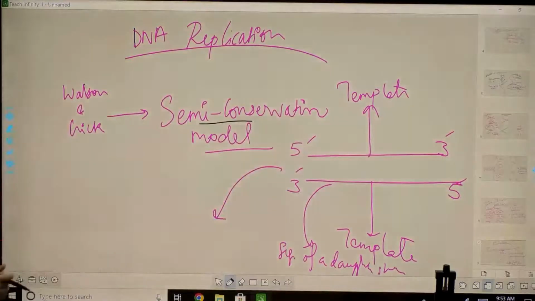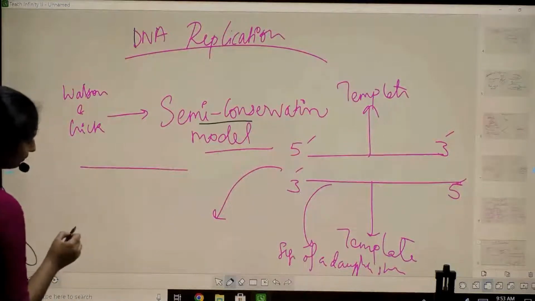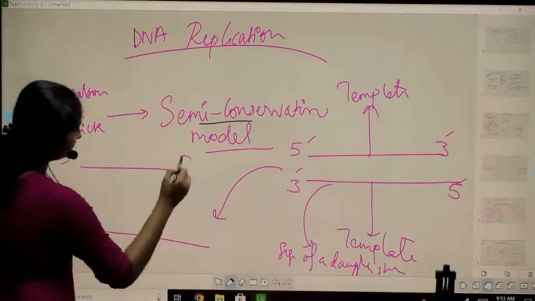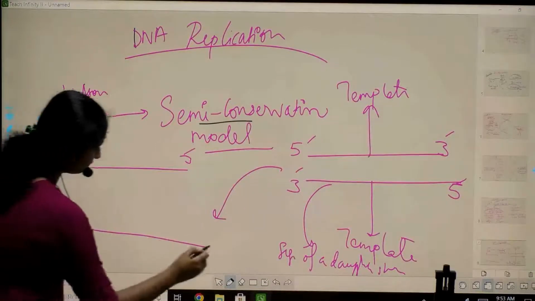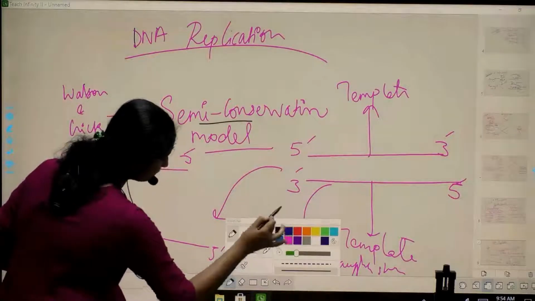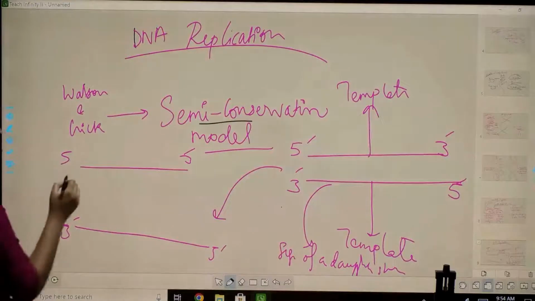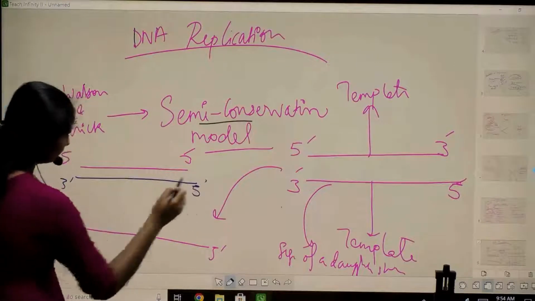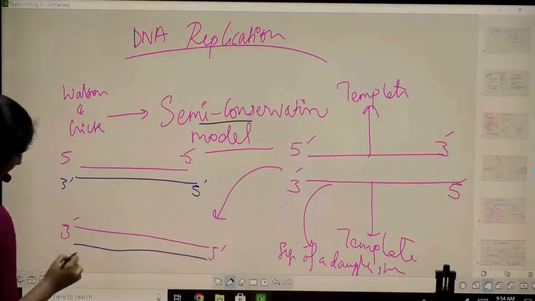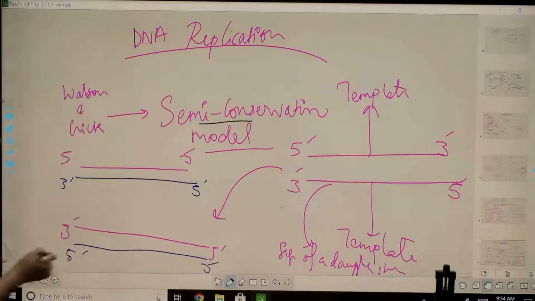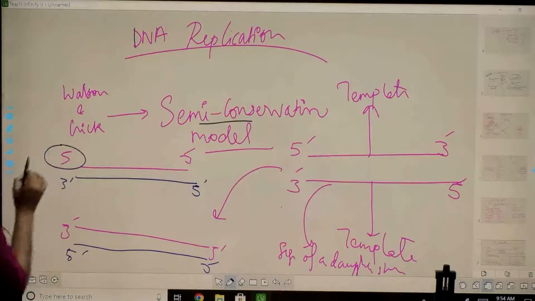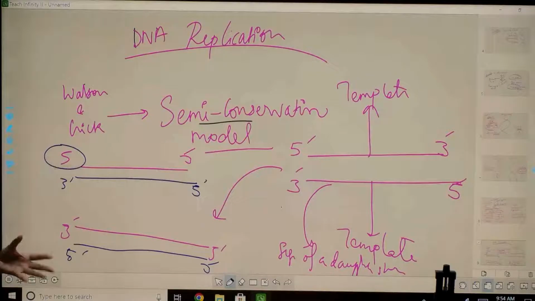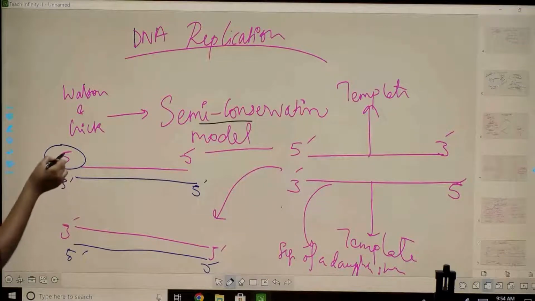So as a result of DNA replication, we are going to have the parental strand, which was acting as the template strand, and the newly synthesized daughter strand. So this model is semi-conservative because here the parental strand is conserved in each round of replication. With the newly synthesized DNA, the parental strand is conserved.